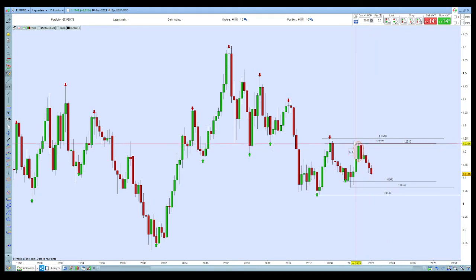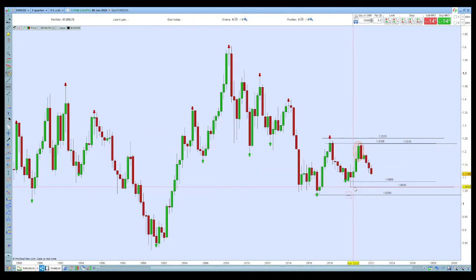Okay, and the Euro USD in January 2001 had completed that pattern, and now we are heading into two key levels. The first one is at 1.0860.